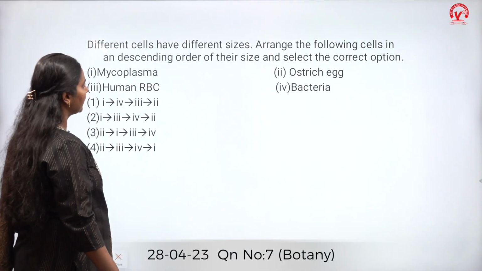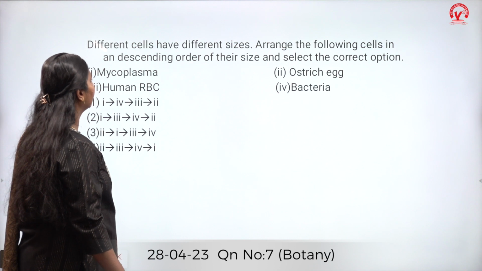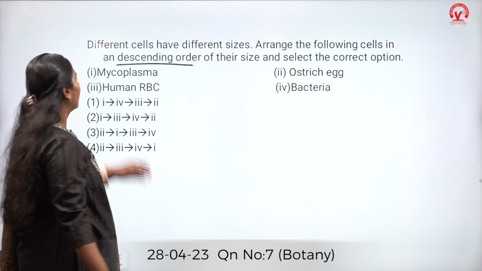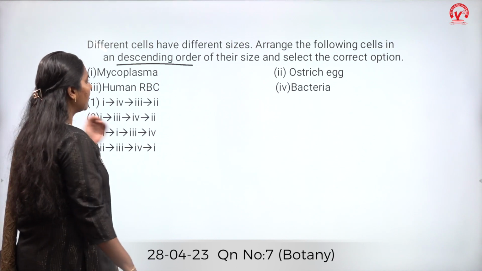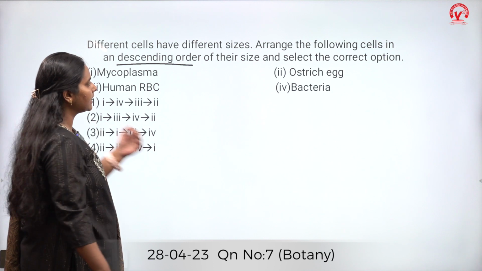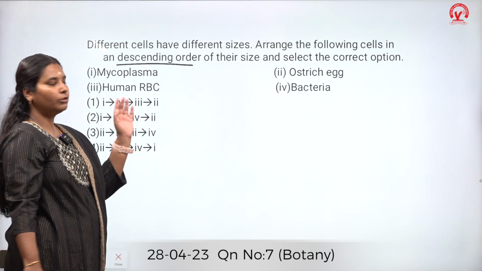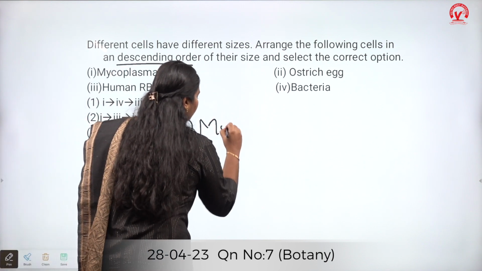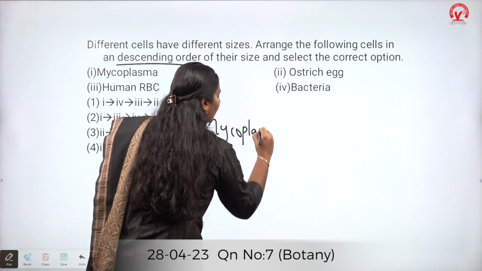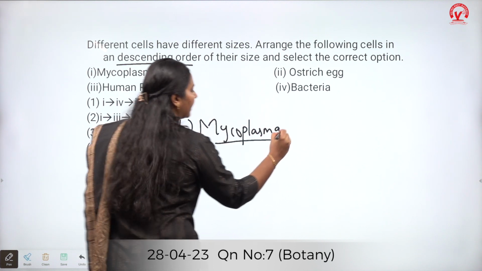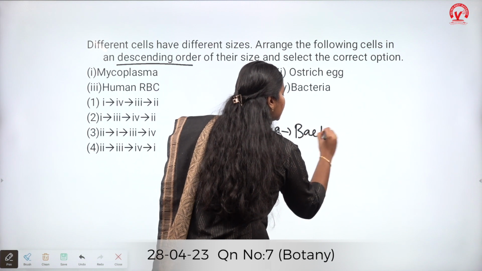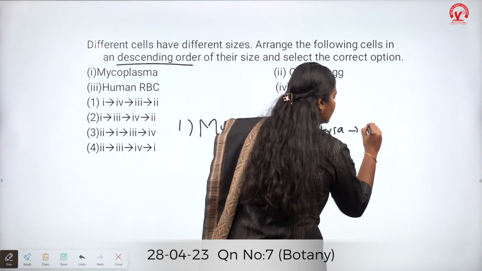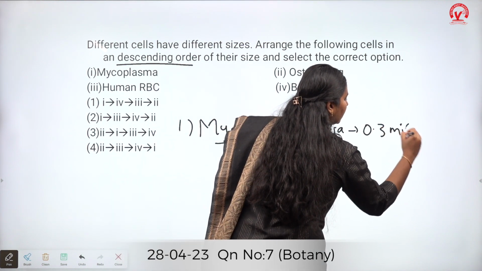Different cells have different sizes. Arrange the following cells in descending order of their size and select the correct option. The given options are mycoplasma, ostrich egg, human RBC and bacteria. First we need to know the size of these cells. First, mycoplasma is a kind of bacterium present in the gut, respiratory tract, etc., and is of size 0.3 micron.